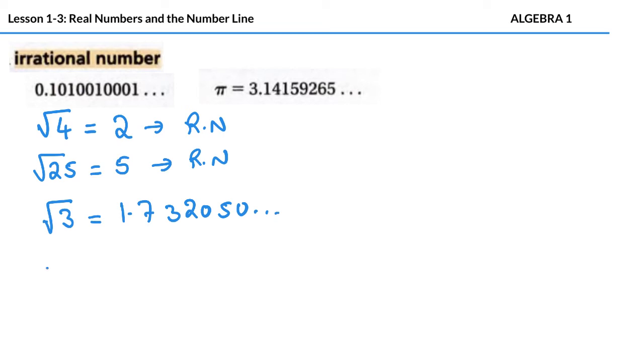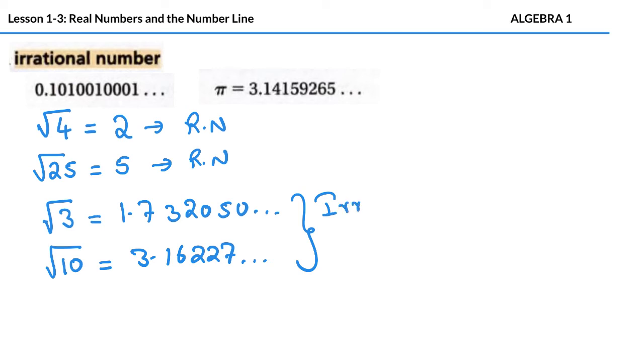Can you guess what the square root of 10 will be? Is 10 a perfect square? No. So the square root of 10 will be an irrational number. If you use your calculator, it's going to be 3.16227 and so on. So these are irrational numbers.